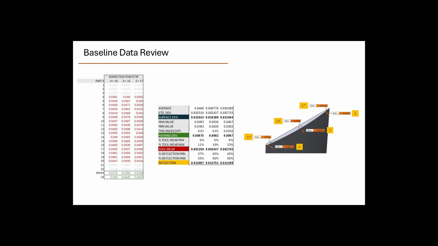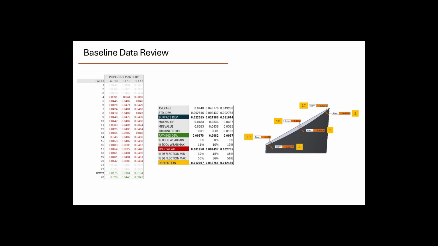We're looking at all the data across the 20 parts. The only thing really causing the standard deviation is tool wear, because we're having to swap out tools every 2 to 3 parts because the spherical end mill that we're using for the finishing cut is wearing down.